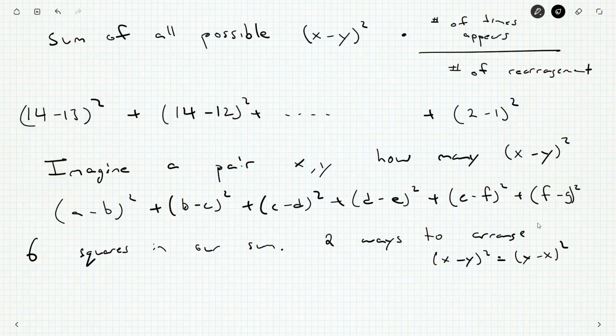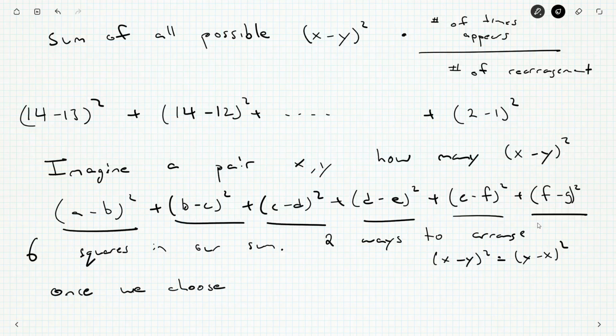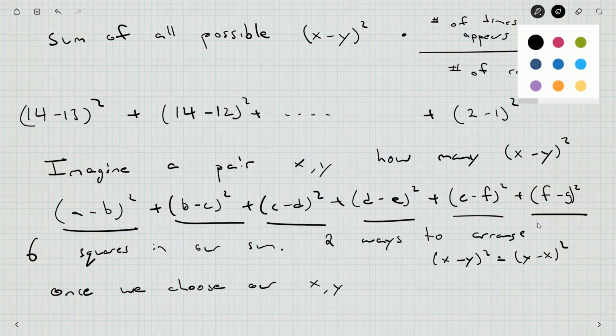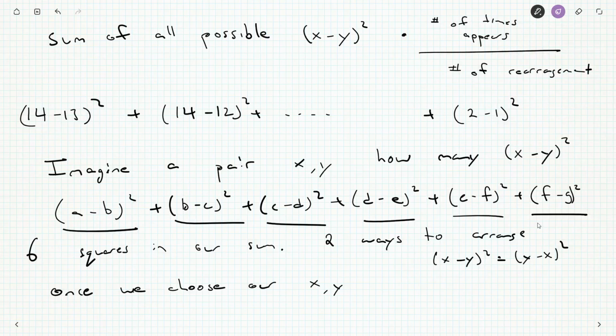And so we've got these 6 squares. Once we choose our x and our y, for example, say we'll be using 2 and 12, and we're going to count how many times 2 minus 12 squared appears here.